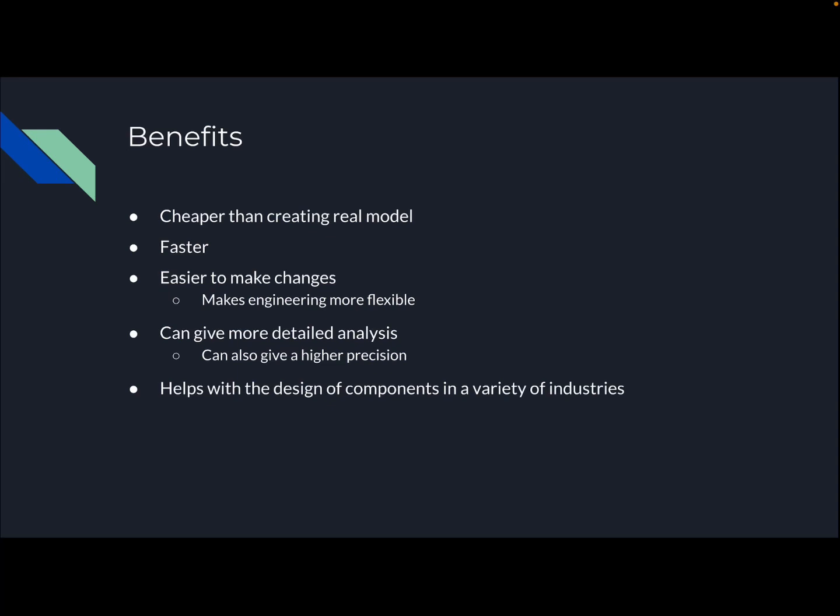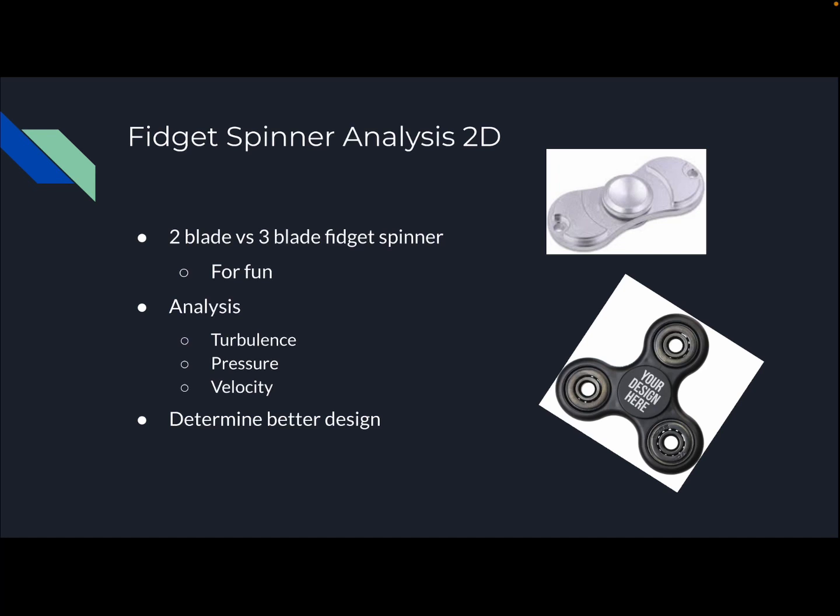It can also help with the design of different components in a variety of industries, such as the car industry, determining lift and drag on cars and the flow of air around those different vehicles, as well as in buildings, as I mentioned earlier. And then hopefully for this study to help determine between which fidget spinner is better, whether it be a 2-blade fidget spinner or a 3-blade fidget spinner, which is what we're going to get into now.